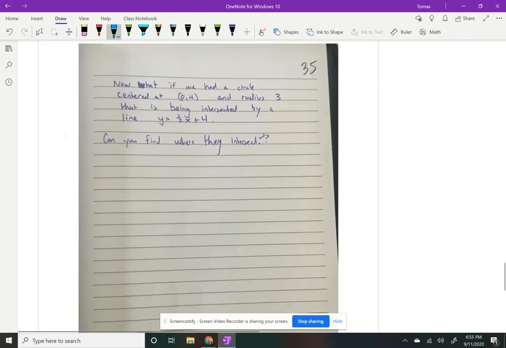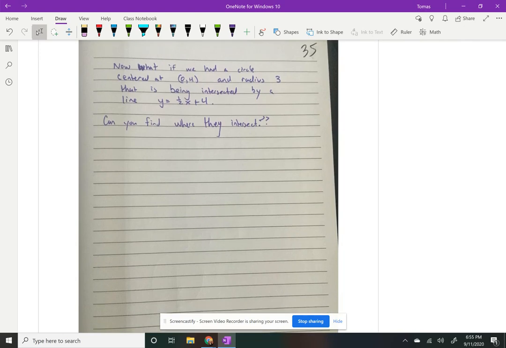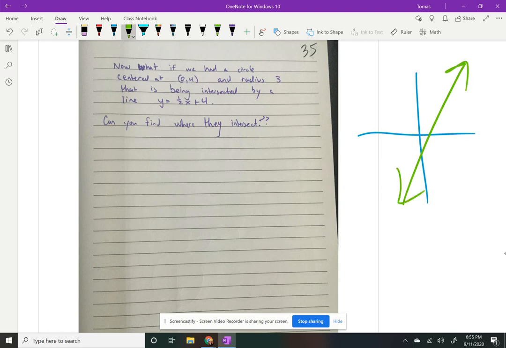What's left? This problem is kind of like a glimpse into the future. We're going to be doing systems of equations. A system of equations is whenever you have a graph and you have two lines, let's say a line going this way and another line going this way, and you want to find out where they intersect.